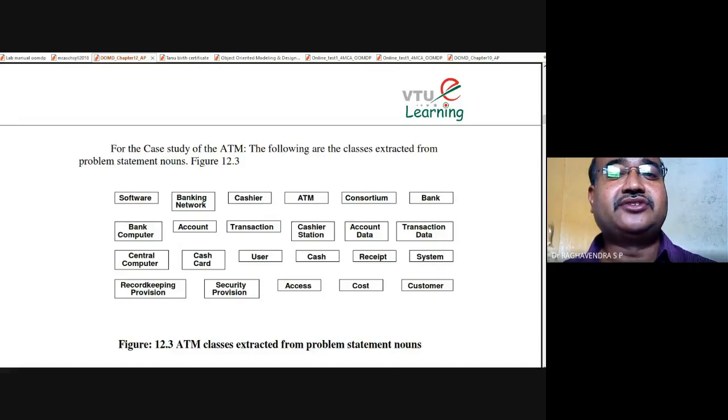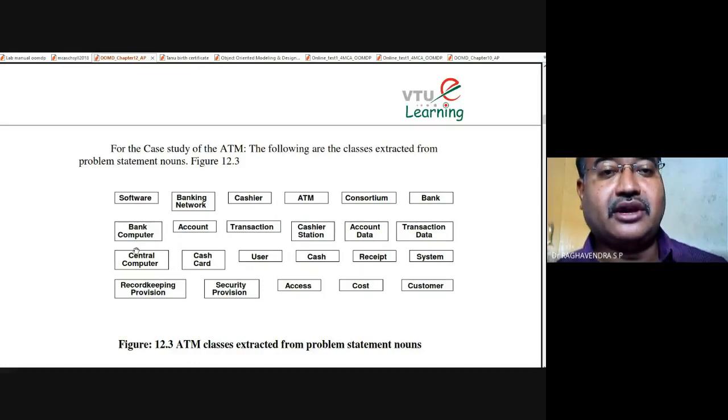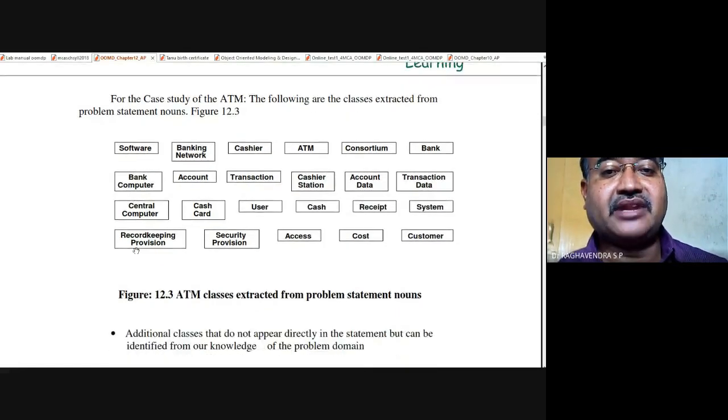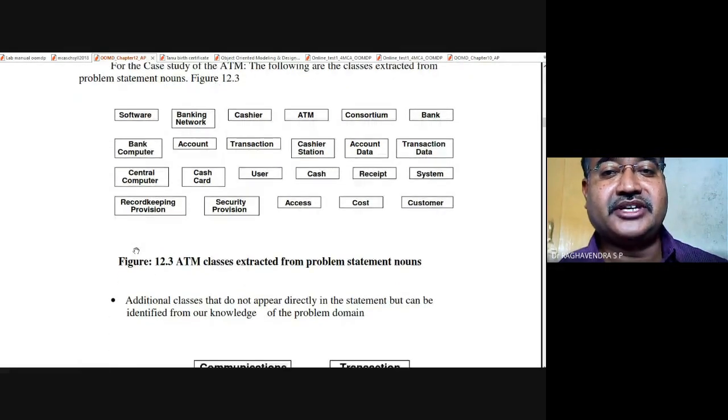All these together constitute the different types of nouns, the ATM classes extracted from the problem statement.